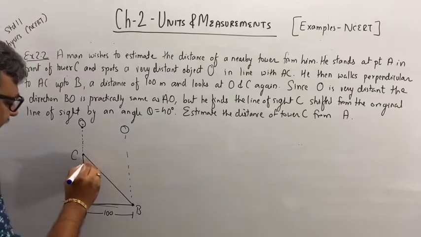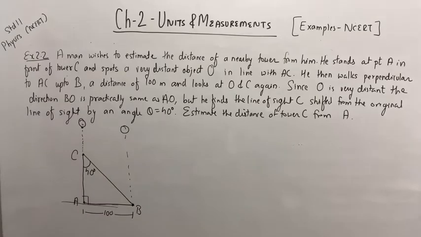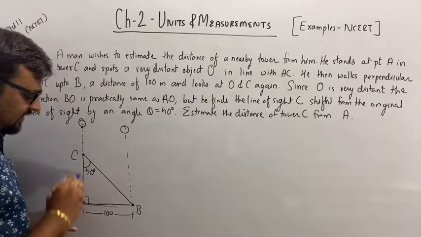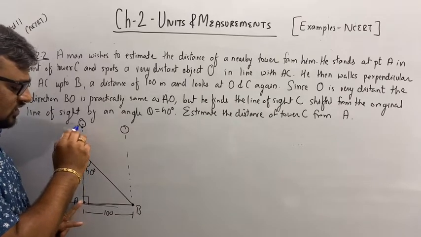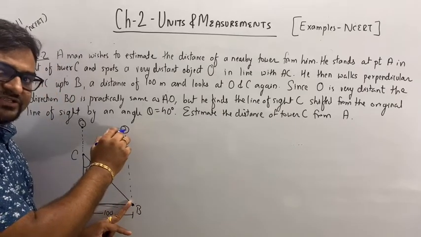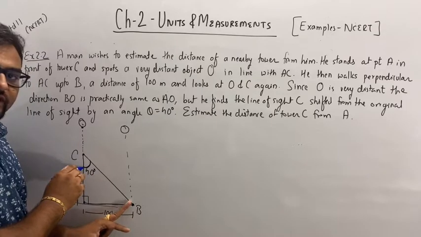So this angle is equal to 40 degree. He is observing tower C from here and noting it against the distant object O. He is walking in this way. Again, O will appear the same. The line of sight for the tower is making 40 degree.